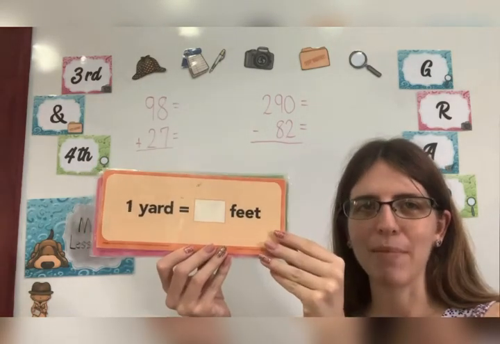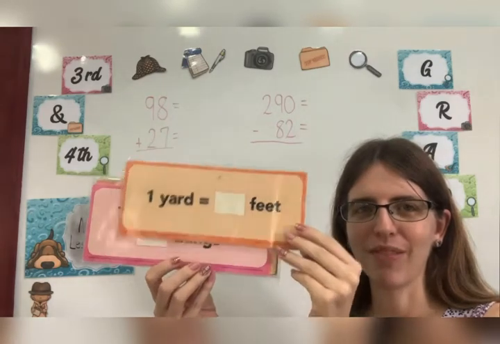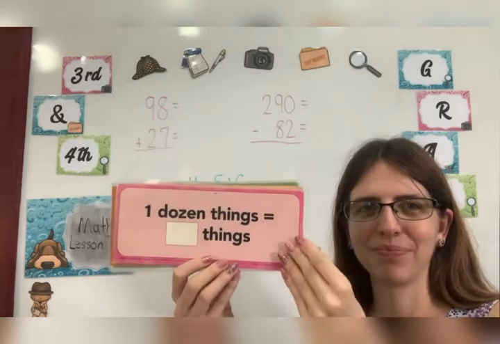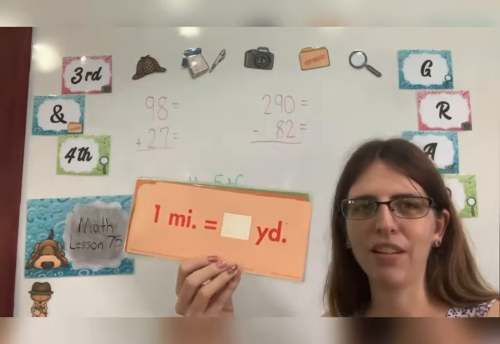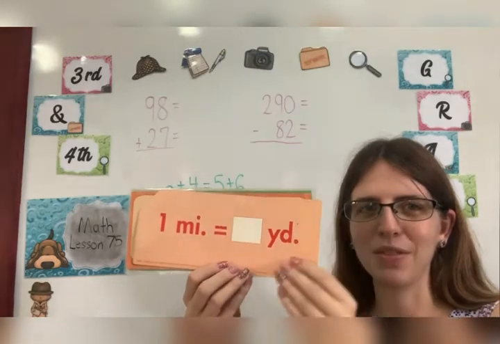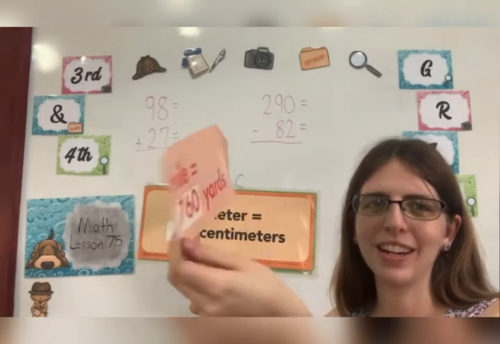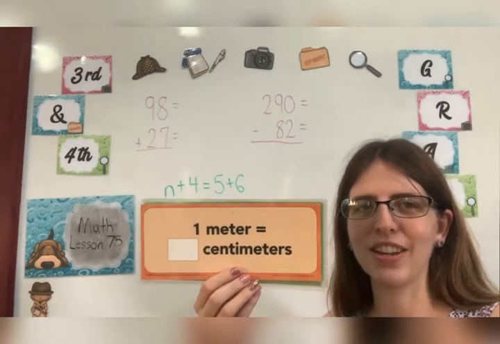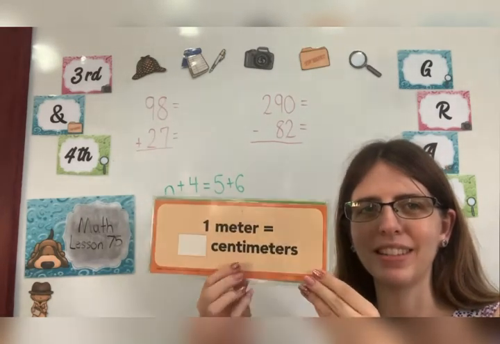1 yard is how many feet? 3. 1 dozen things is how many things? 12. 1 mile is how many yards? This is new from yesterday. It's a big number. 1,760 yards. Very good. 1 meter is how many centimeters?